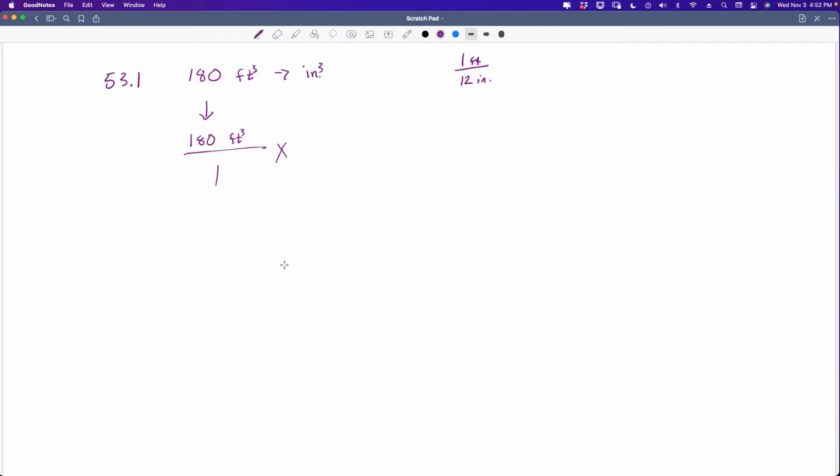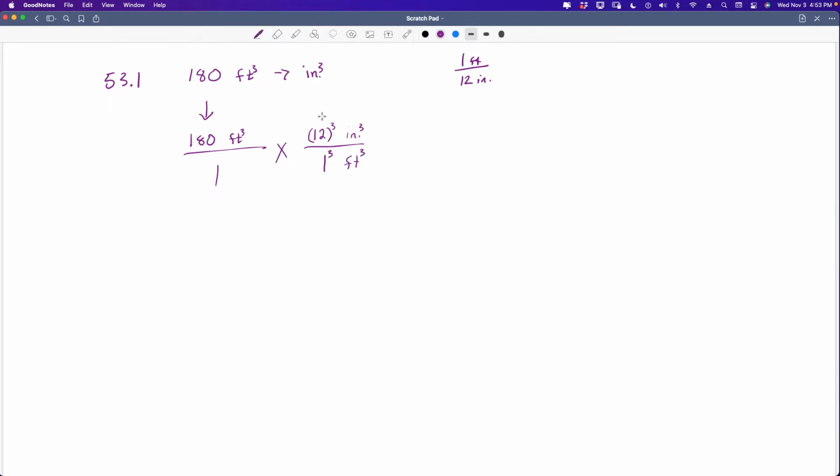Now, we're going to apply that to our conversion fraction. And we're going to convert this 12 cubed inches cubed. They have to match. And then we can say 1 cubed foot cubed, right?